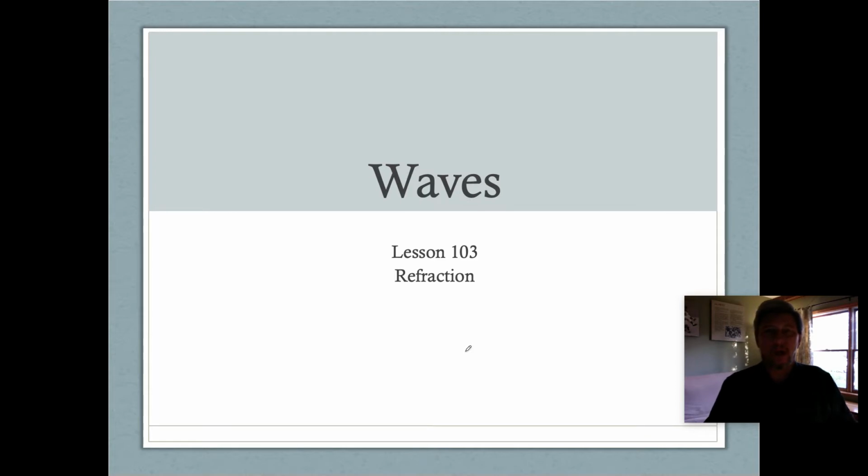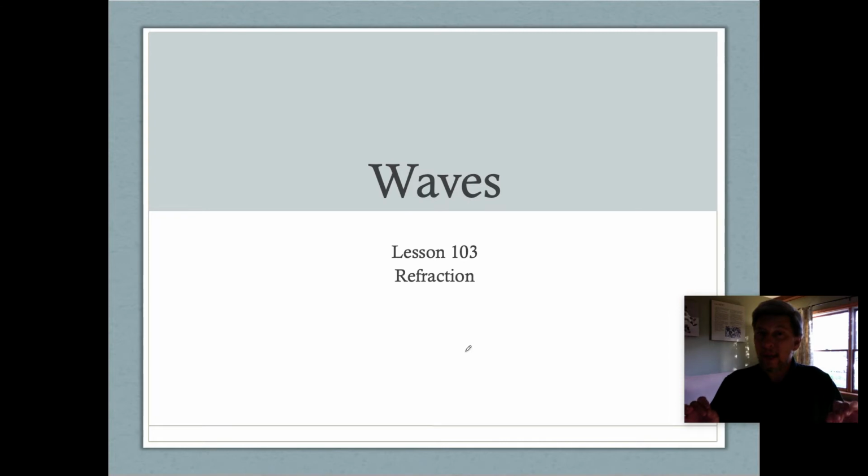Sometimes waves are not reflected, but rather refracted, which means that the second medium is absorbing those waves, having the energy of the wave transferred into it. And so this process is what we call refraction.